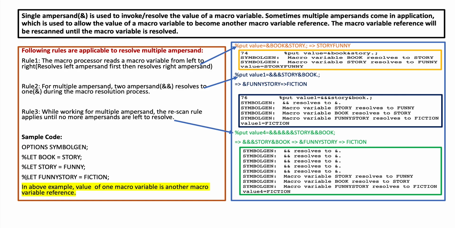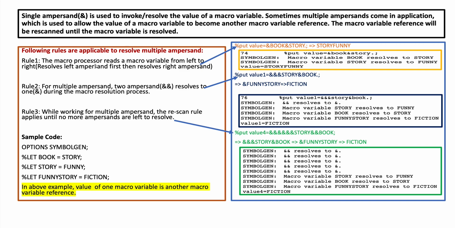And third one is %let funny story, its value is fiction. In the above example, the value of one variable is another macro variable reference. Here, story is the value of book, but this story is a macro variable in the second statement, where its value is funny. Let me explain the first rule.